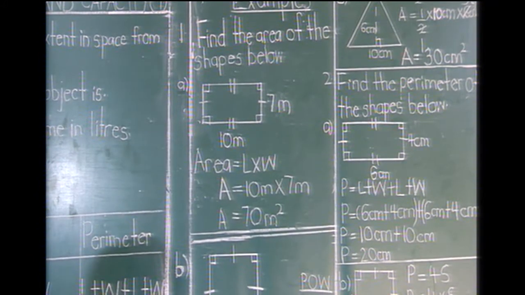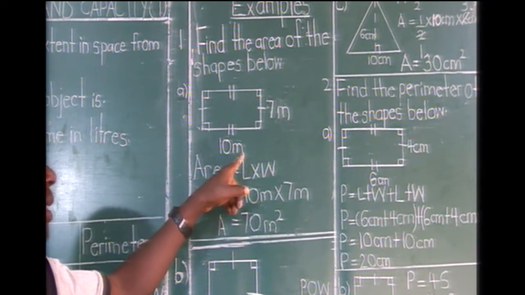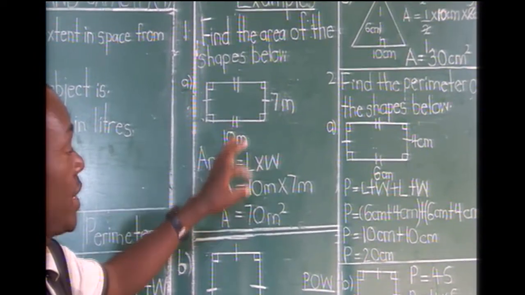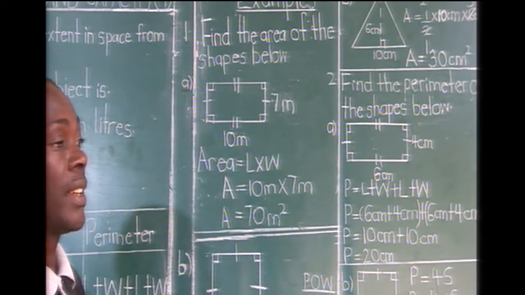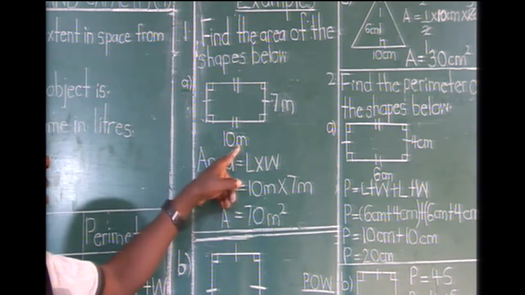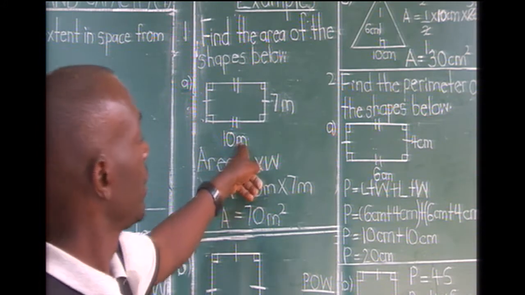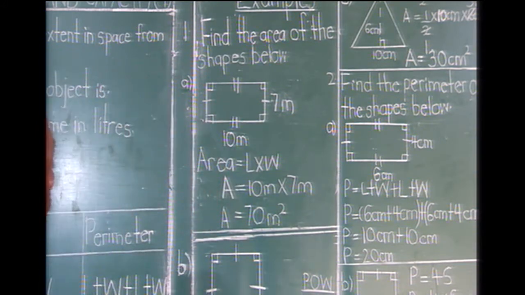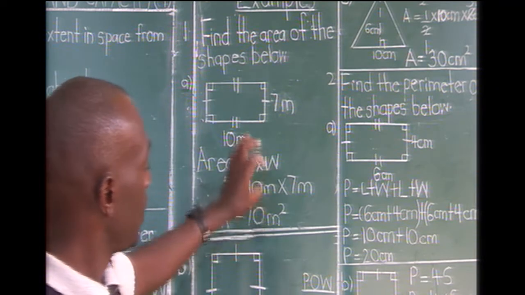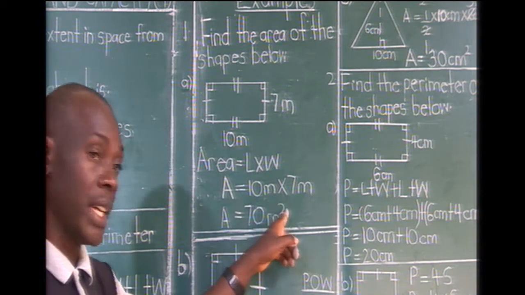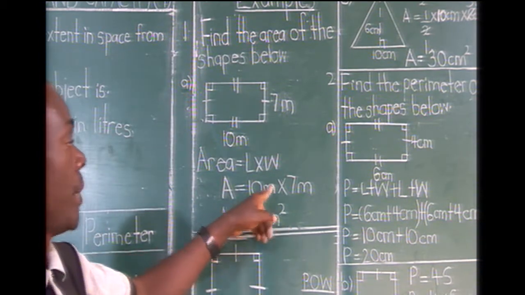And again, one must note that these are meters, the units must be maintained. You have a tendency of converting to centimeters, thinking that the examiner will ever be setting in centimeters. Please mark the units that are in question, so must you use them to answer in a given number. So these are meters, so do you maintain them and then put squared as a result of multiplying meter by meter.